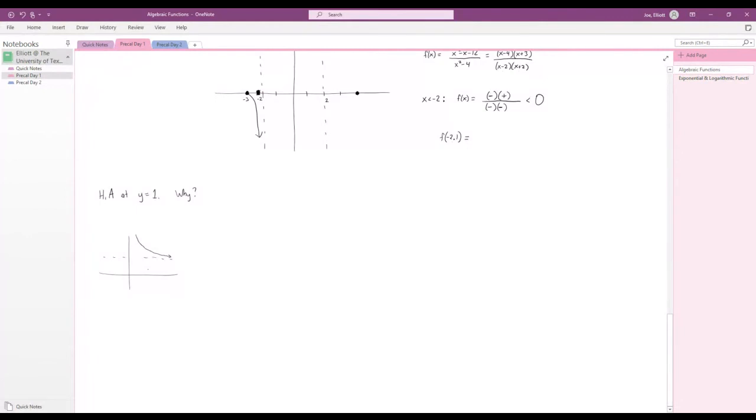So looking at the horizontal asymptote here at y equals 1, the idea is that your function should be approaching this value as x goes further and further out.